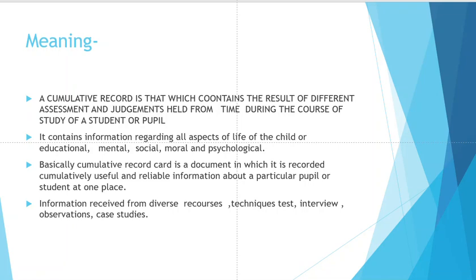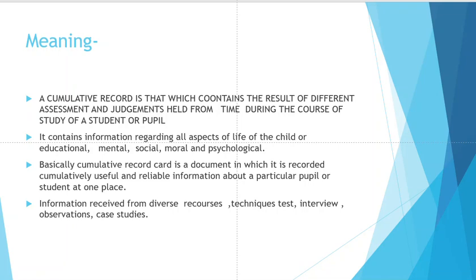Basically, a cumulative record card is a document in which useful and reliable information is recorded cumulatively. The information we collect is authentic and reliable, and we keep it in a record, which is part of the cumulative record.